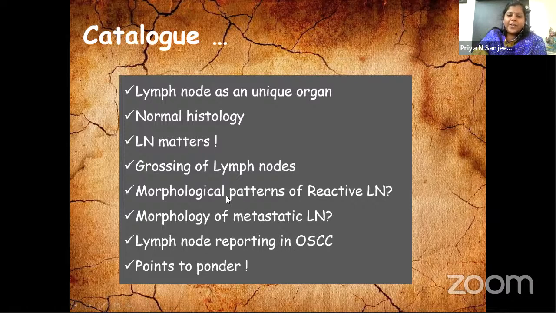Then comes today's spotlight: distinction between reactive and metastatic lymph nodes in oral squamous cell carcinoma at the morphological level. Then briefly, guidelines in reporting lymph node metastasis in oral squamous cell carcinoma. The last one is for you to ponder what I might say.